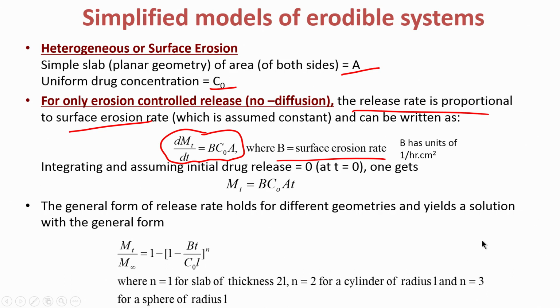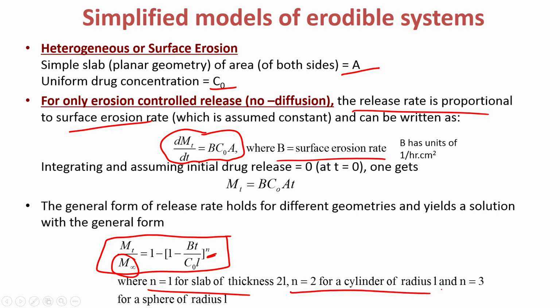If you do that, this general form turns into an equation like this, where Mt is the amount of drug released at any time t, M infinity is the total drug that was loaded, and that is a function of the erosion rate as well as time with some n, and this n is what changes for different geometries. So, n is 1 for a slab, which gives you back that equation, it is 2 for a cylinder of radius L, and n is equal to 3 for a sphere of radius L.